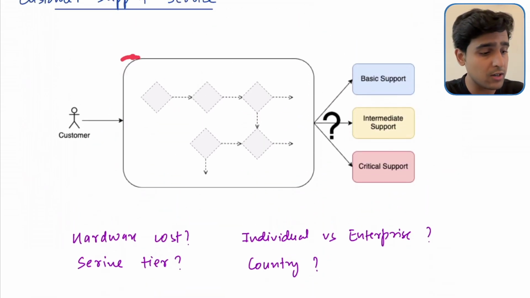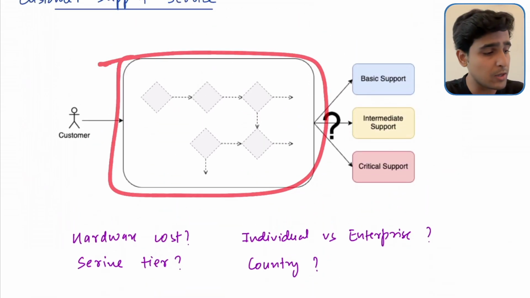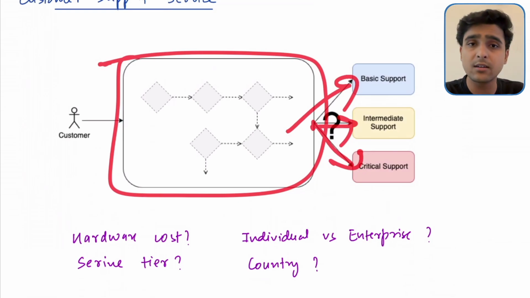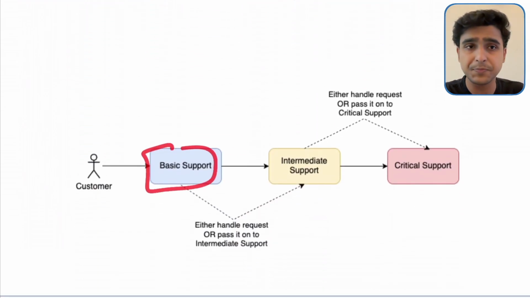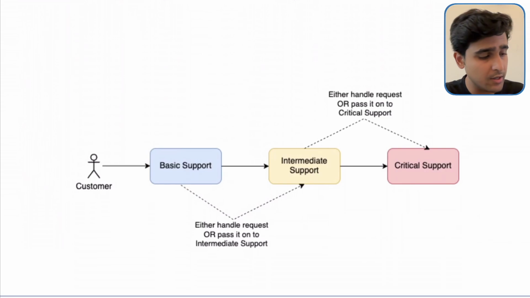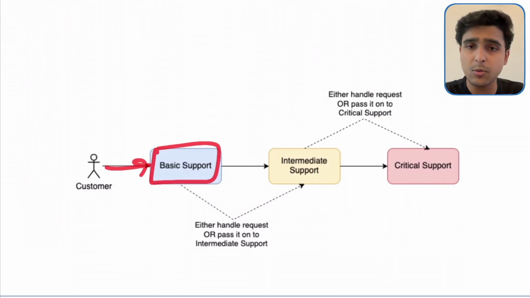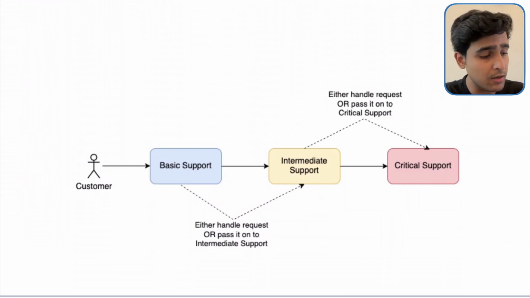Previously, customer was interacting with this big box which is making the decision to redirect the request to one of the support services. Now each support makes the decision whether it should handle the request or not. So every time a customer sends a request to the basic support, it checks whether the customer is eligible for the basic support or the request should be handled by intermediate or critical.